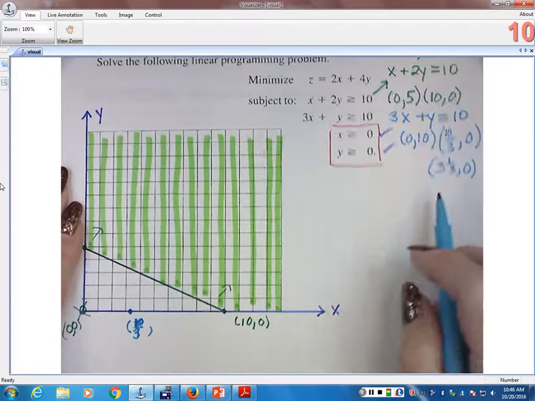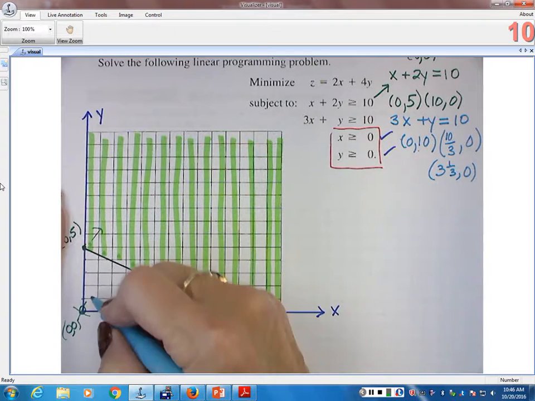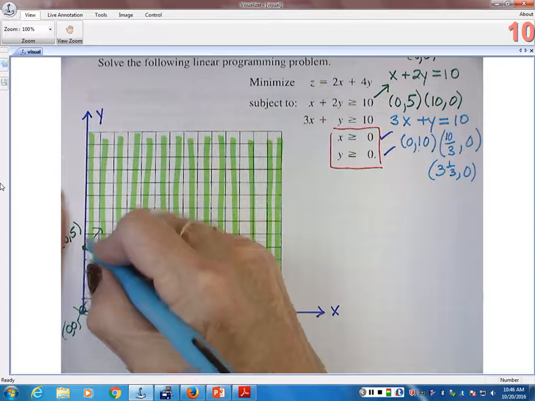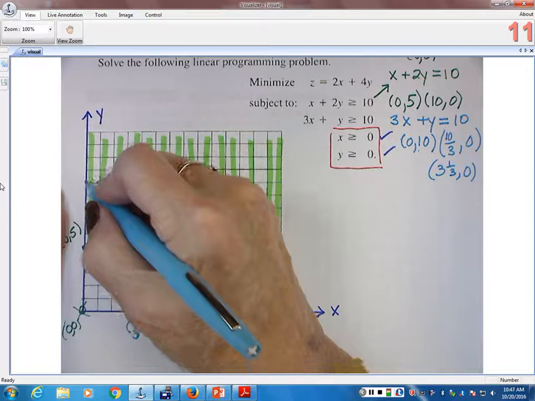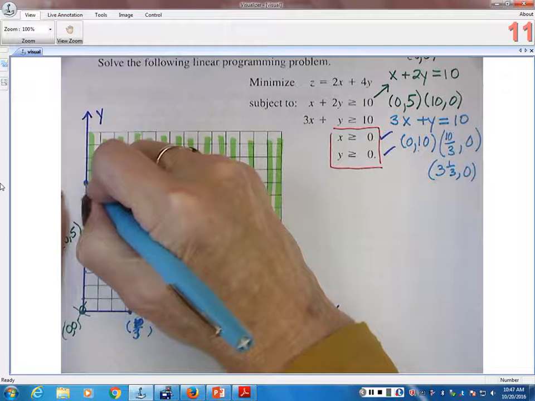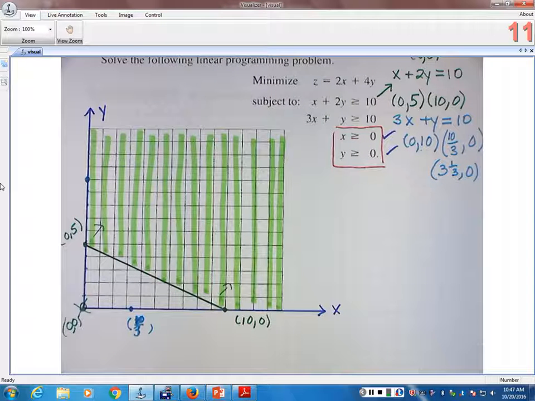And the other point is 0, 10. 1, 2, 3, 4, 5, 6, 7, 8, 9, 10. And again, we'll draw the boundary line.